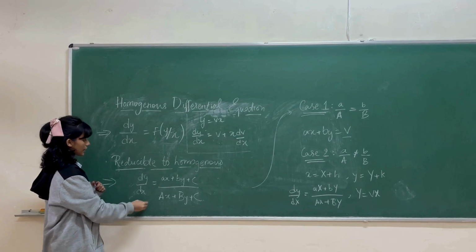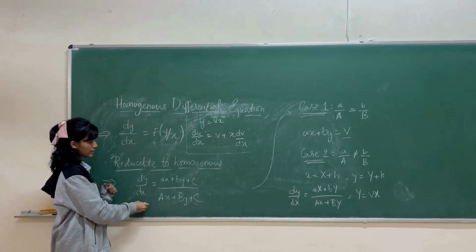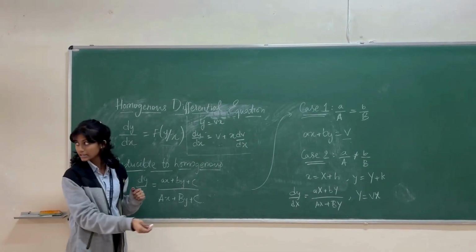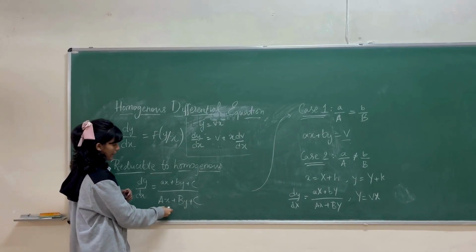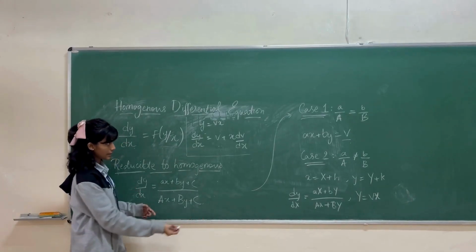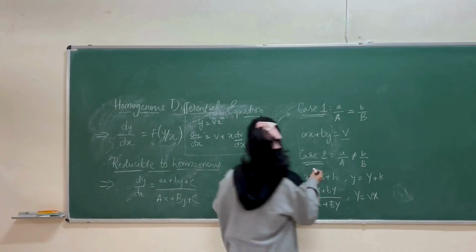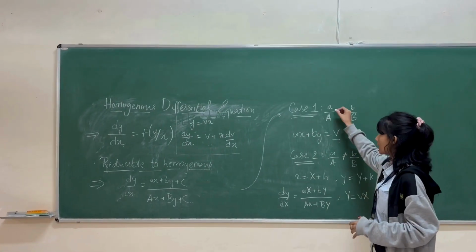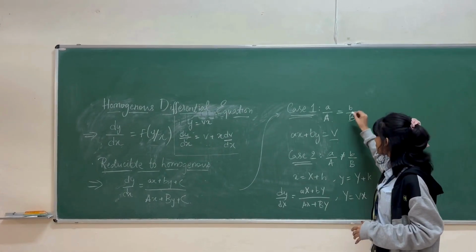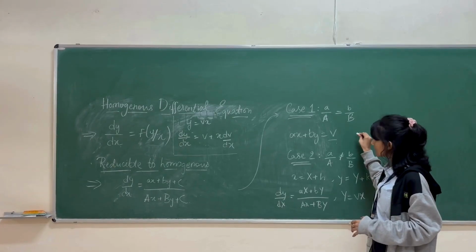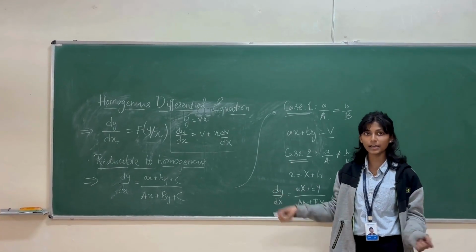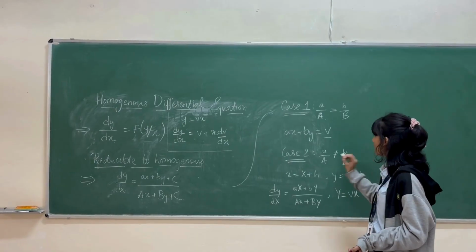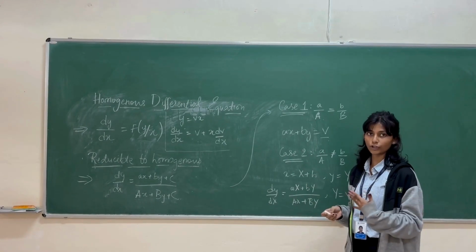That is represented in the form dy by dx is equal to ax plus by plus c divided by capital AX plus capital BY plus capital C. Here we have two different cases. Case one is when a by capital A is equal to b by capital B. In this case, we take ax plus by equal to v, and then we solve it by the normal homogeneous form.